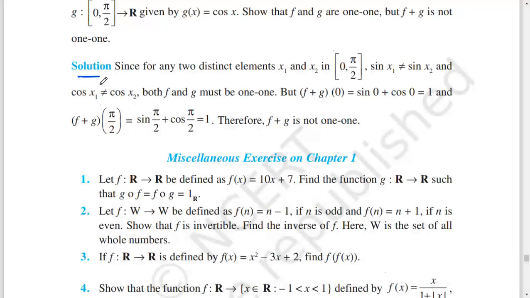Since for any two distinct elements x1 and x2 in [0, π/2], sin x1 ≠ sin x2 and cos x1 ≠ cos x2, both f and g must be one-one. But (f + g)(0) = sin 0 + cos 0 = 1, and (f + g)(π/2) = sin π/2 + cos π/2 = 1. Therefore f + g is not one-one.